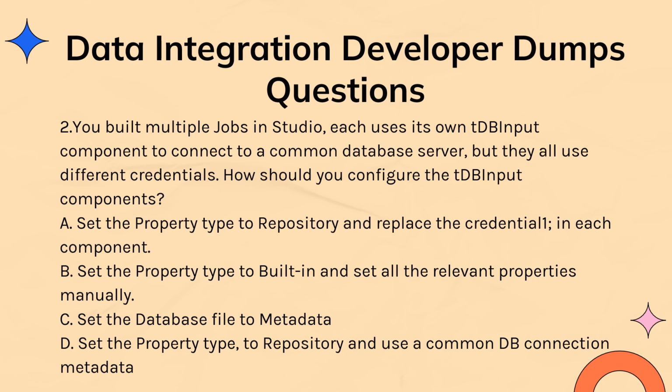B. Set the property type to built-in and set all the relevant properties manually. C. Set the database file to metadata. D. Set the property type to repository and use a common DB connection metadata.